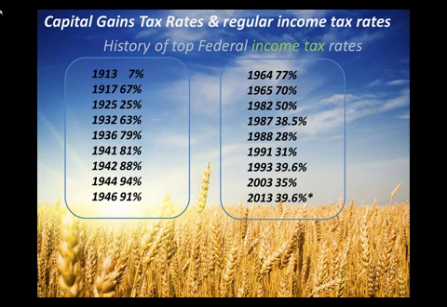Now, we're going to start to tie estate tax and income tax together here. Here's a history of the top federal income tax rates. 1913, that's when the federal income tax was started, so we're in about the 102nd year of it, 7%. Didn't take long until it went to 67%. And then, as you can see, during the Depression and World War II, the top rates got really high, 94% in 1944.